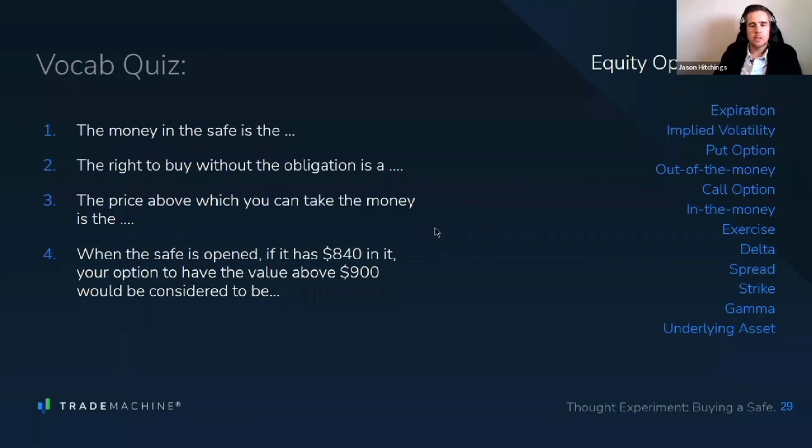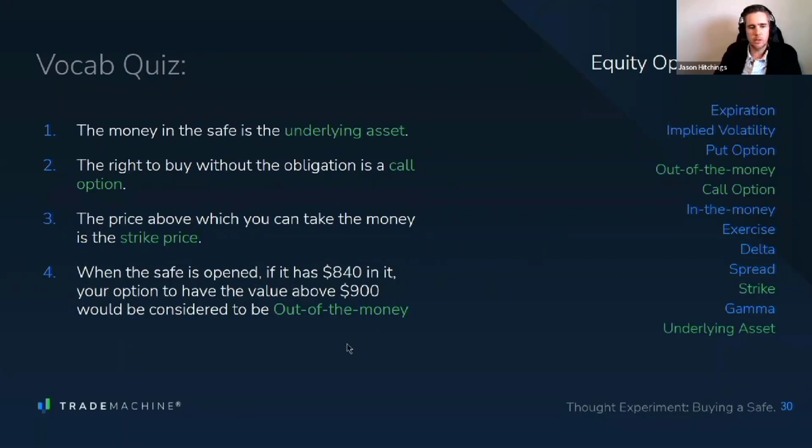So the money in the safe is what you call in the options world the underlying asset. It'd be kind of like the stock that you're buying. And the right to buy without the obligation would be a call option. And the price above which you can take the money, 900 in our example, would be the strike price. And if the safe is opened and it's found to have $840 in it, your option to have the value above 900 would be considered, and the term is, out of the money.